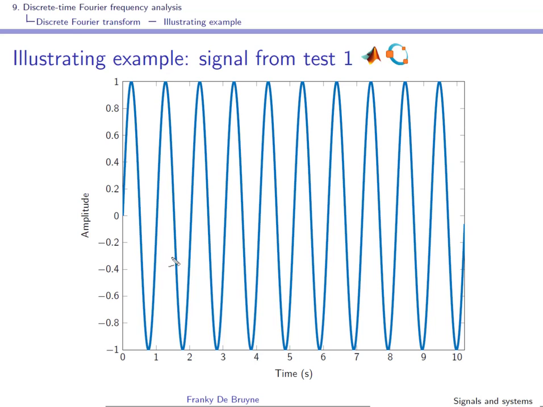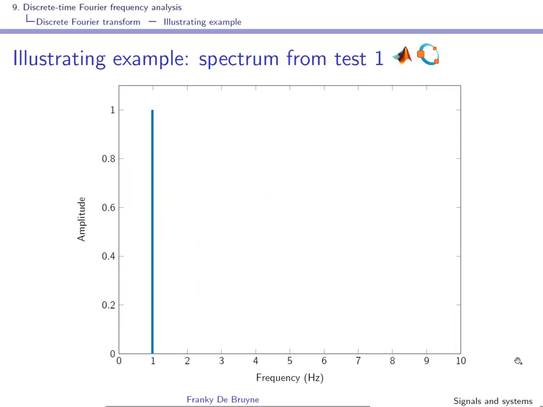So if you repeat this signal, it will start at 0. You will not have a discontinuity, so you will have no spectral leakage. And indeed, because we have taken our precautions when we sampled the sinusoid, we do not have any spectral leakage visible. We have a nice clean spectral line at 1 Hertz at the amplitude that is expected, that is 1.